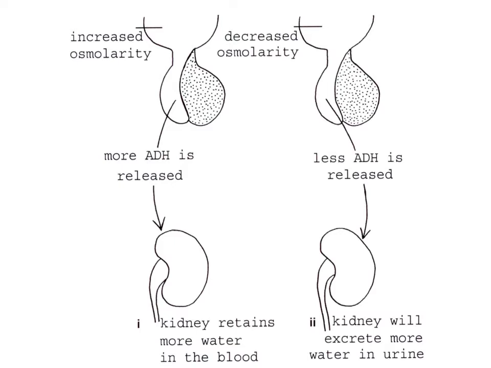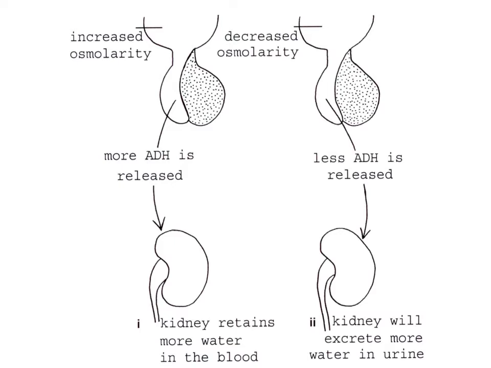If there is decreased osmolarity in the plasma, that will also be detected by the hypothalamus. Now, if there's decreased osmolarity, does that mean there's more or less water in the blood? Well, if the osmolarity is decreased, that's because the solutes are being diluted by increased amounts of water.